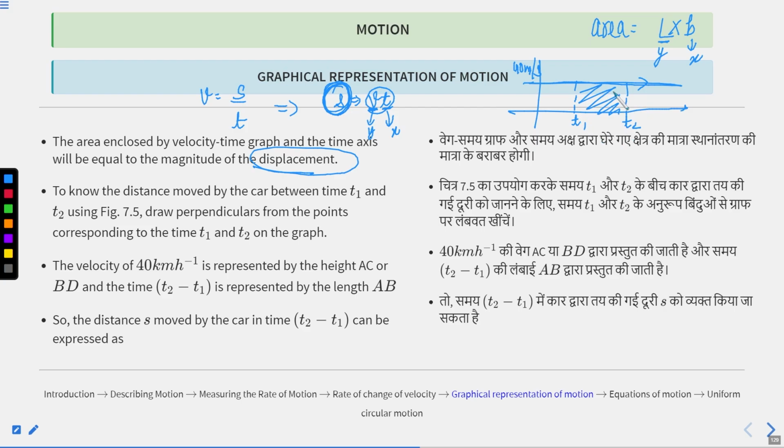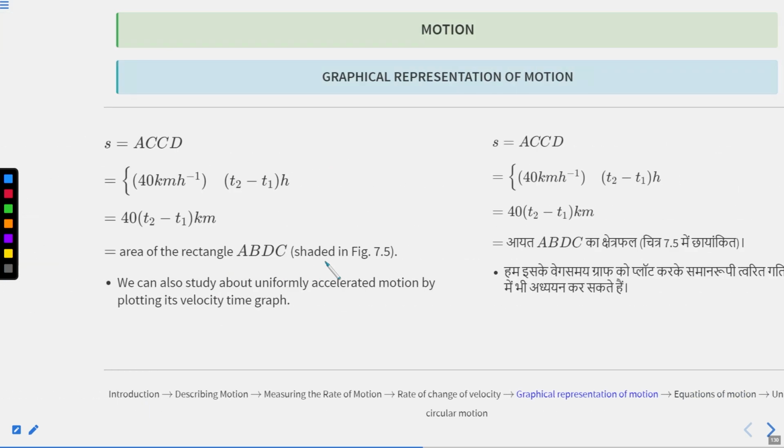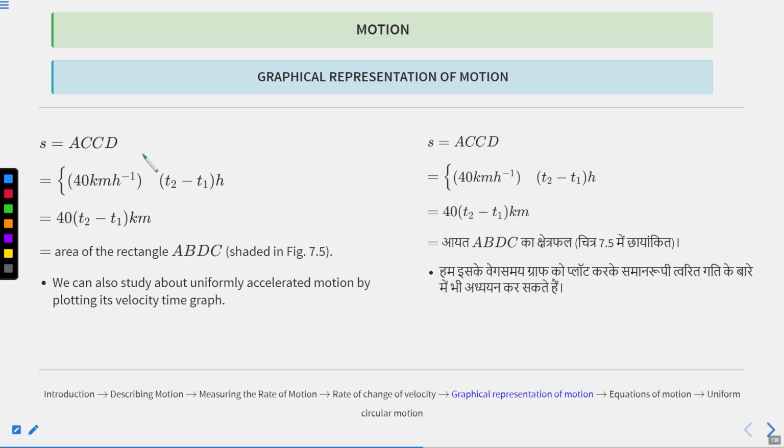So we can easily calculate the area of this rectangle, and what will it give? It gives us displacement. So what will be the area? The area will be the product of 40 kilometer per hour into that time interval. This is the area of the rectangle.